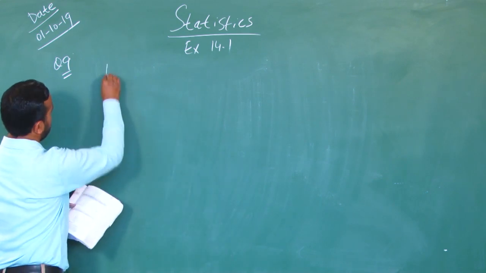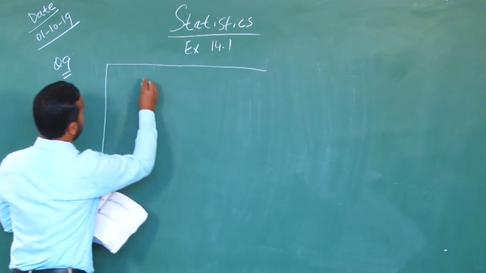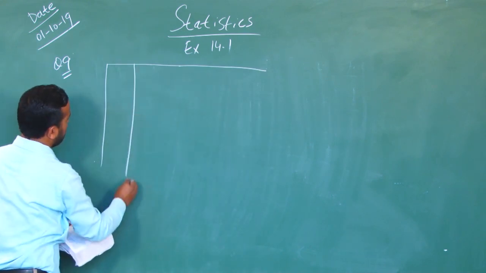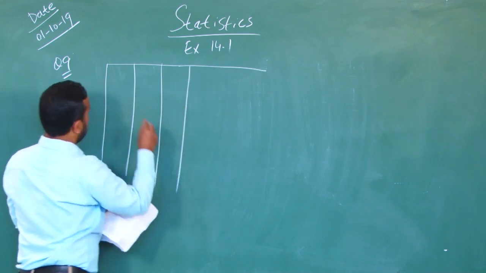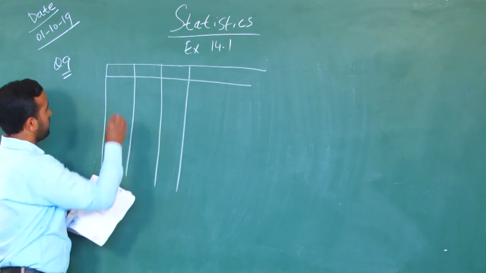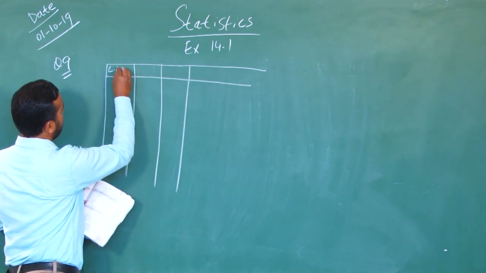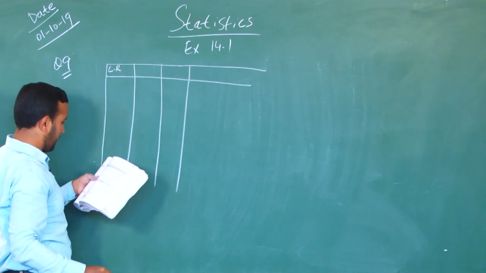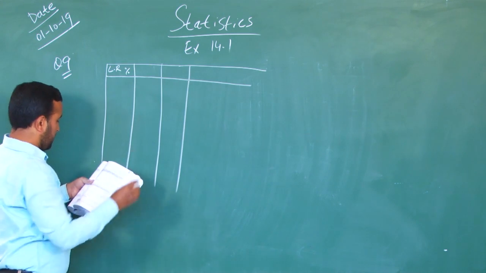In the first column, we'll write, here there will be a little more addition in the columns of this table. Let us first see the first one, the literacy rate. Literacy rate, I am going to write shortcut LR in percent.